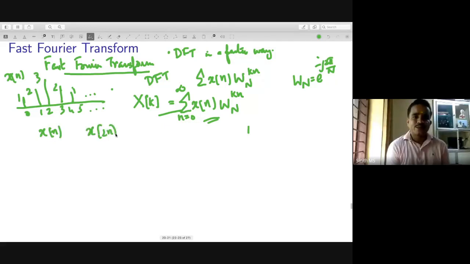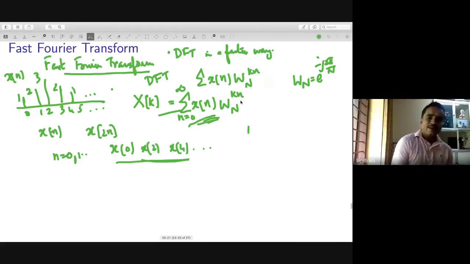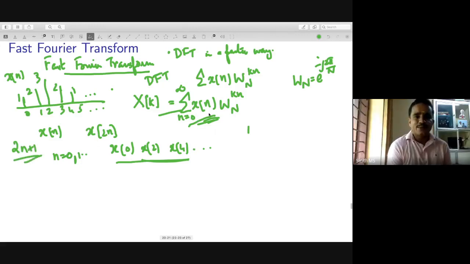If you take x2n and give n equal to 0, 1, 2, 3, etc., x2n will take values x0, x2, x4, x6, etc. That is the even terms. So you write this as even and odd terms, where n takes values 2n and 2n plus 1. This can be split into two terms.